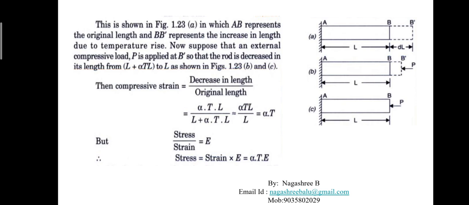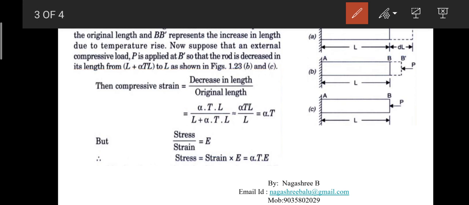Because change in length is final length minus initial length. Here the final length is L plus alpha TL, and the initial length is L. So the change in length is L plus alpha TL minus L. The L terms cancel, so alpha TL is the decrease in length.